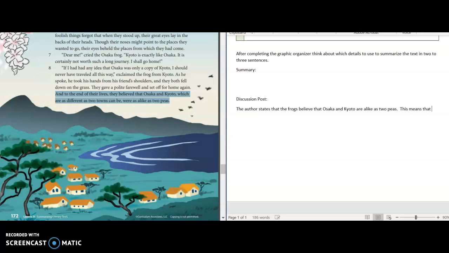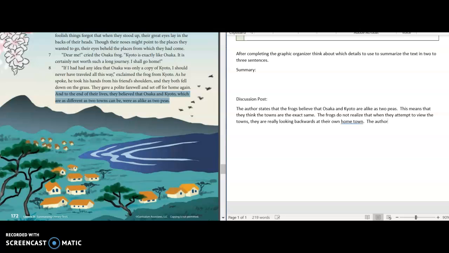This means that they think the towns are the exact same. The frogs do not realize that when they attempt to view the towns, they are really looking backwards at their own hometown.